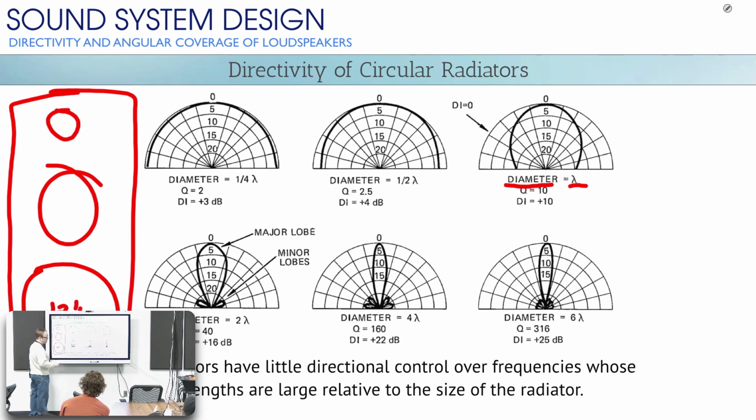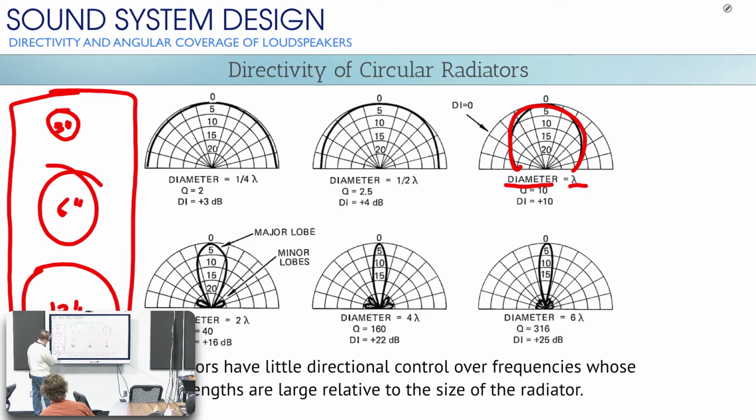This one is 6 inches. This one is 3 inches. What frequency would this low driver be directional over? 1 kilohertz, right? So, okay, it would do this, for 1 kilohertz.